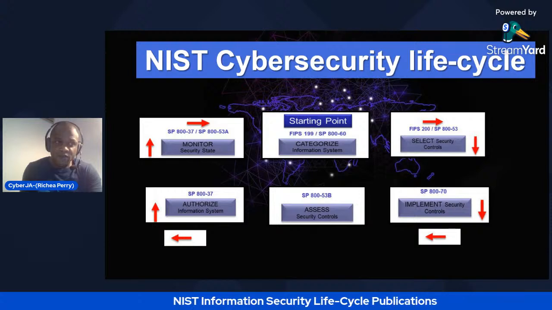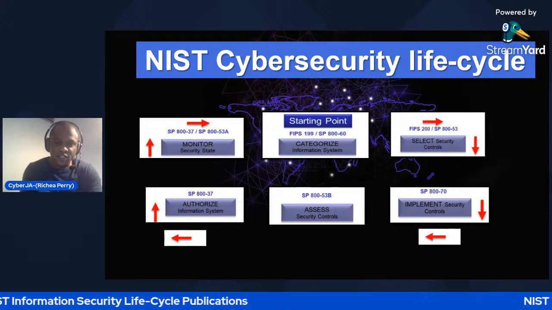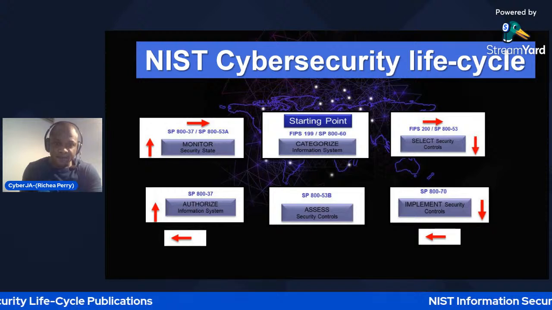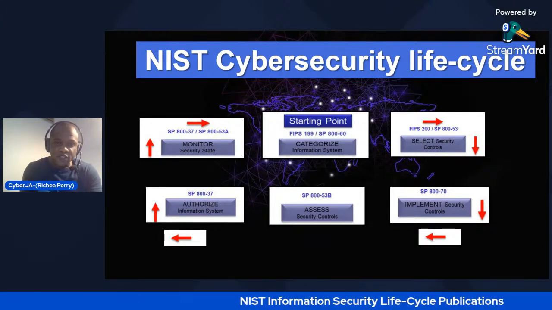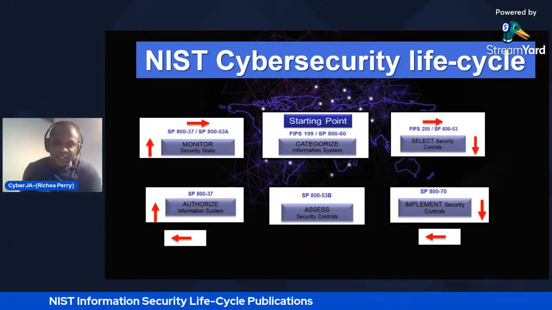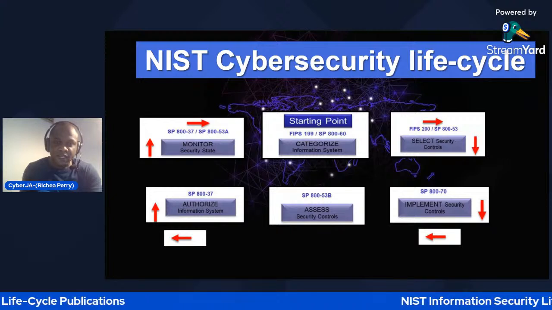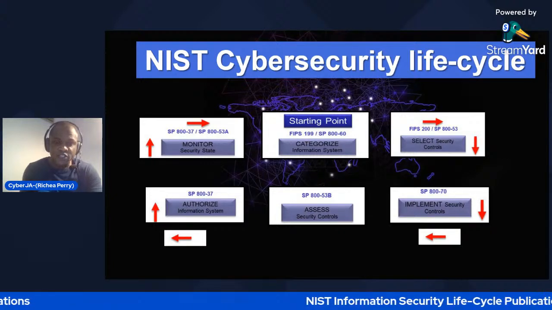So there we have all the documents or the publications by NIST that can be used within the information security lifecycle to act as a baseline or as guidance to you as a security professional in achieving a high level of information security within the organization.